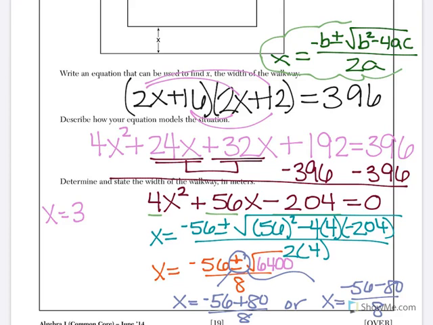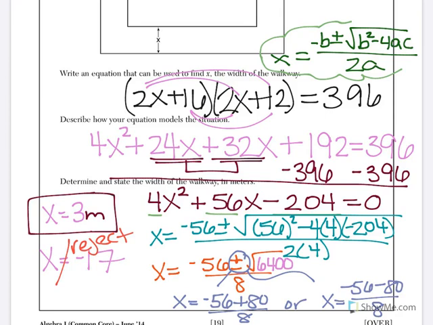That number divided by 8 is negative 17. So I am going to reject the negative because I can't have a negative length of something, and since we're looking for the width of the walkway in meters, the answer has to have units, so it's going to be 3 meters. And that's it for the homework.